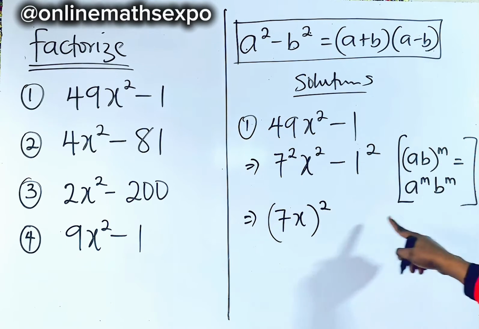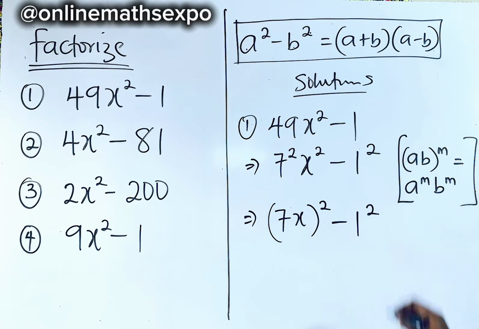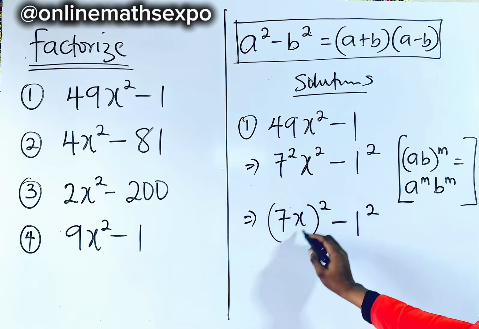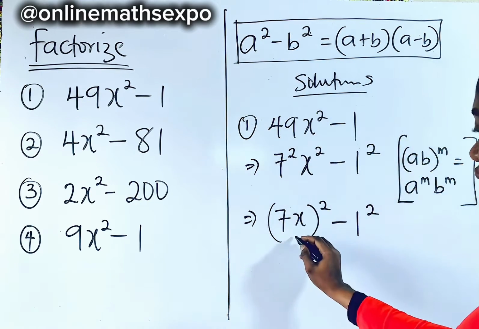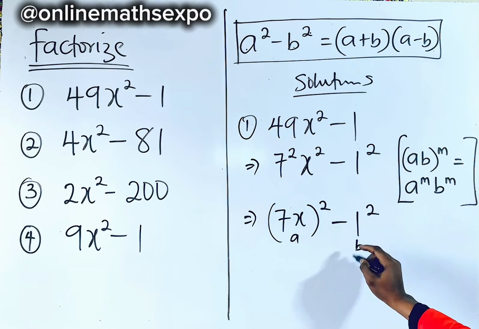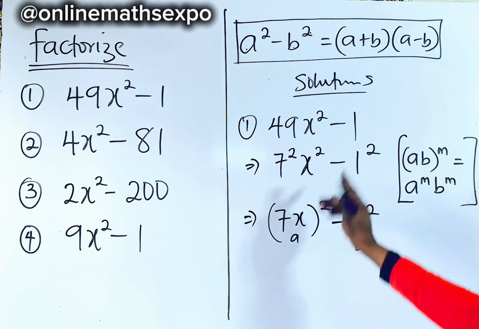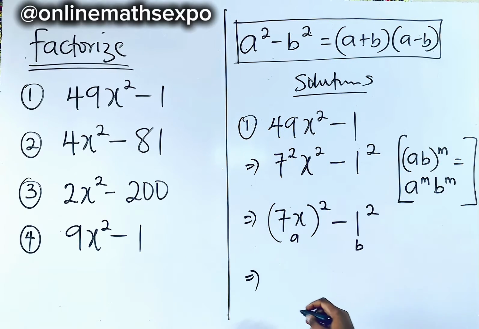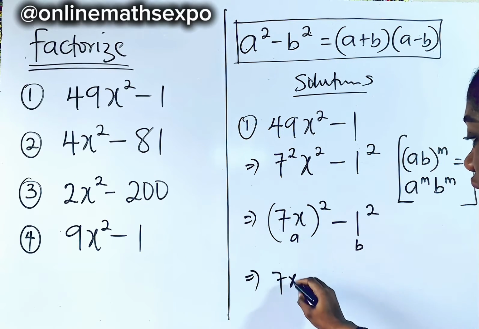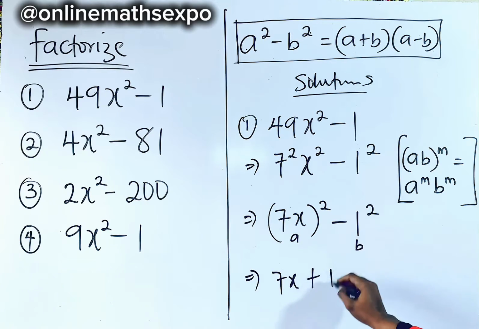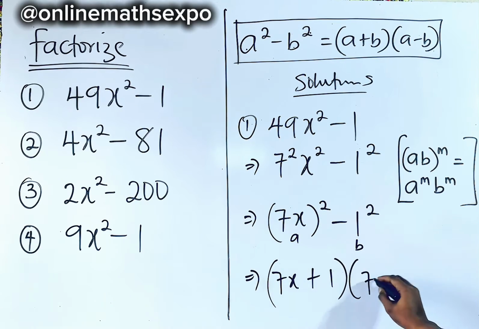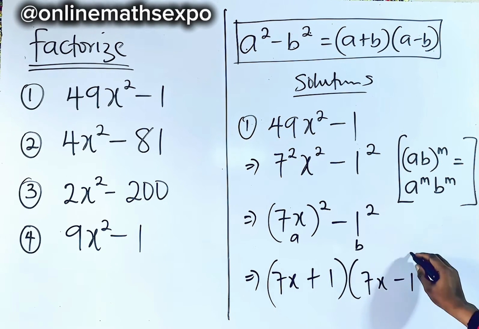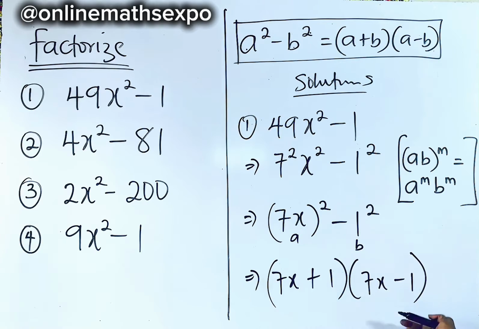Did you see it? And then we have minus 1 squared. So you see, the whole of this is now of this form. So this can take A and this can take B. At this point, you can apply this rule. So applying this rule, this gives us 7x plus 1 into 7x minus 1. Interesting. And this is our answer for the first question.